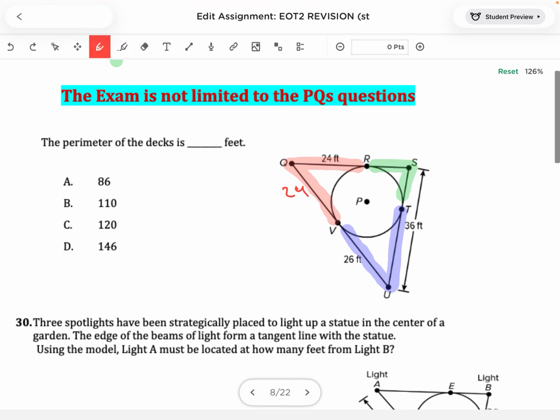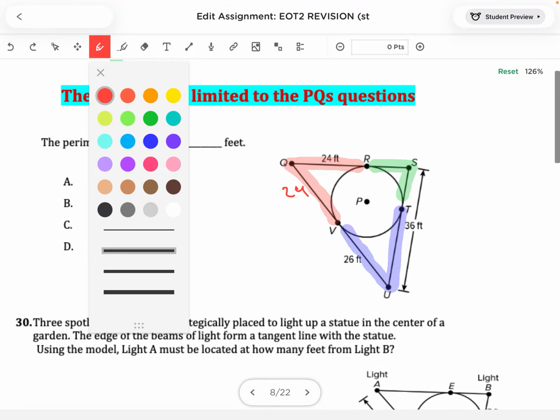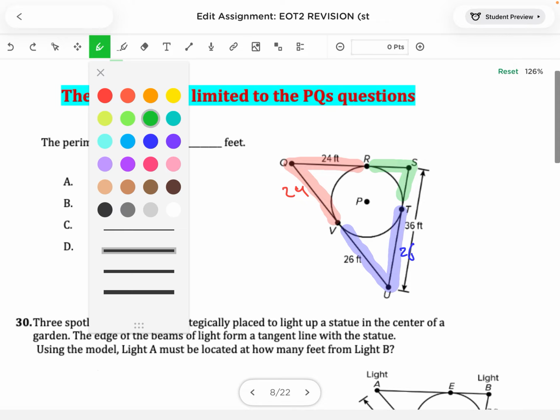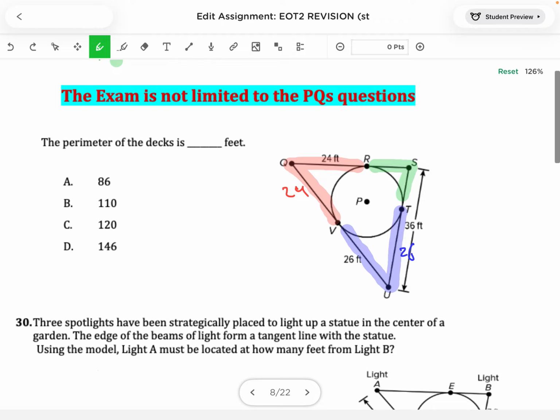So this is 24. This part here is 26, so the green part, since the whole side is 10 and 10. To find the perimeter, we need to add all sides: 24 plus 10 plus 36 plus 26 plus 24. I think the answer was 120.